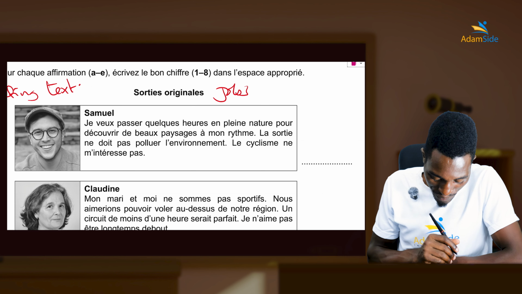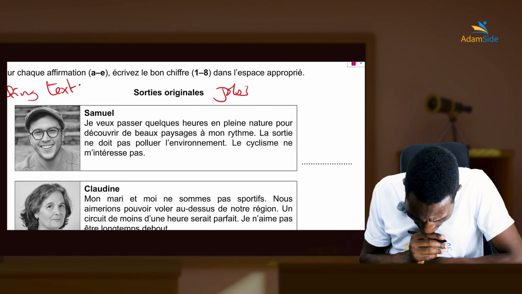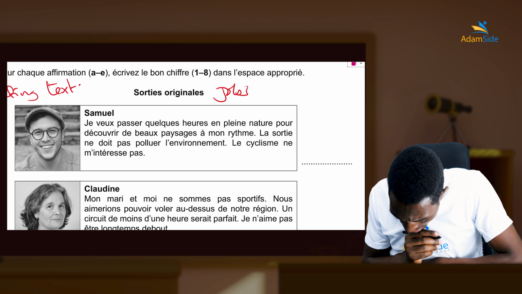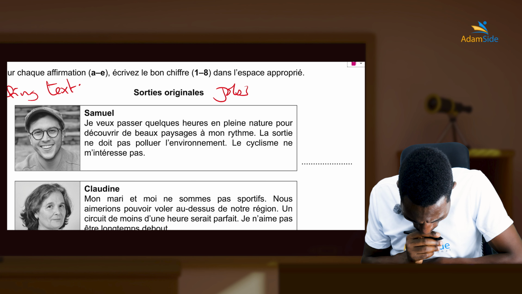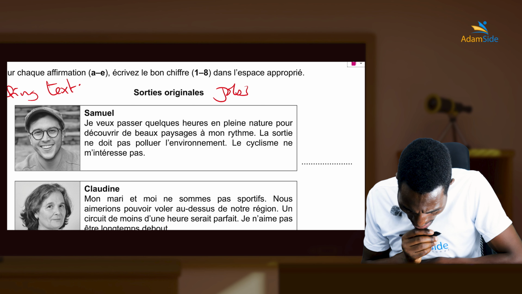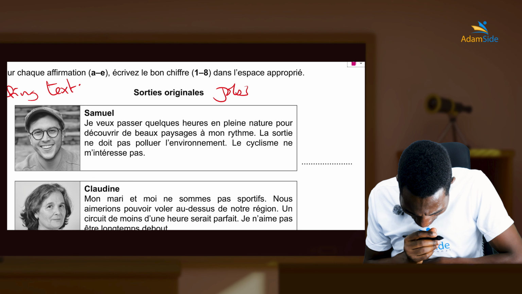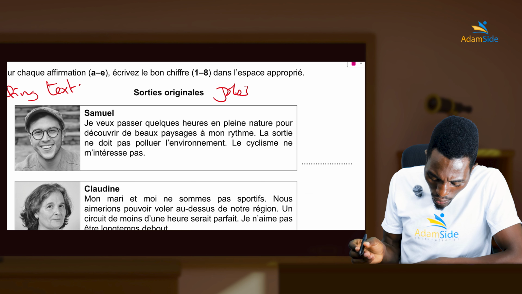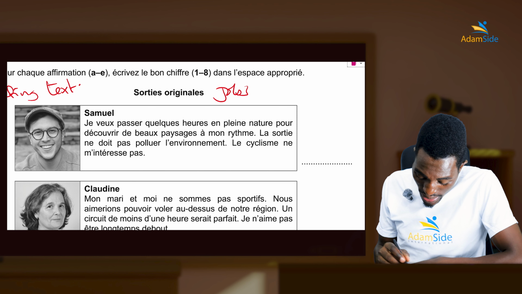Question A is: Je vais passer quelques heures en pleine nature pour découvrir de beaux paysages à mon rythme. I would like to spend some hours in a plain nature area to discover good things which are in my area.